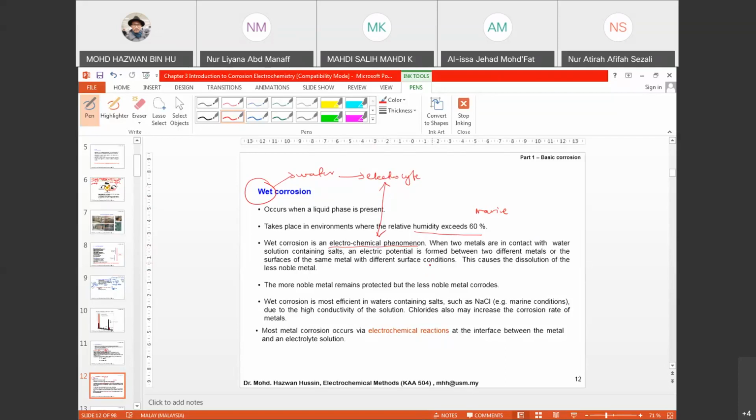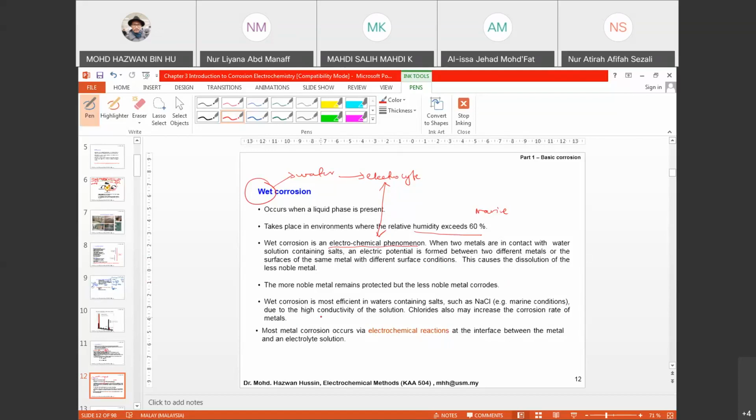When two metals are in contact in water containing salts, an electric potential is formed between the two different metals, or between surfaces of the same metal with different surface conditions. This causes the dissolution of the less noble metal. The more noble metal remains protected, but the less noble metal will corrode.